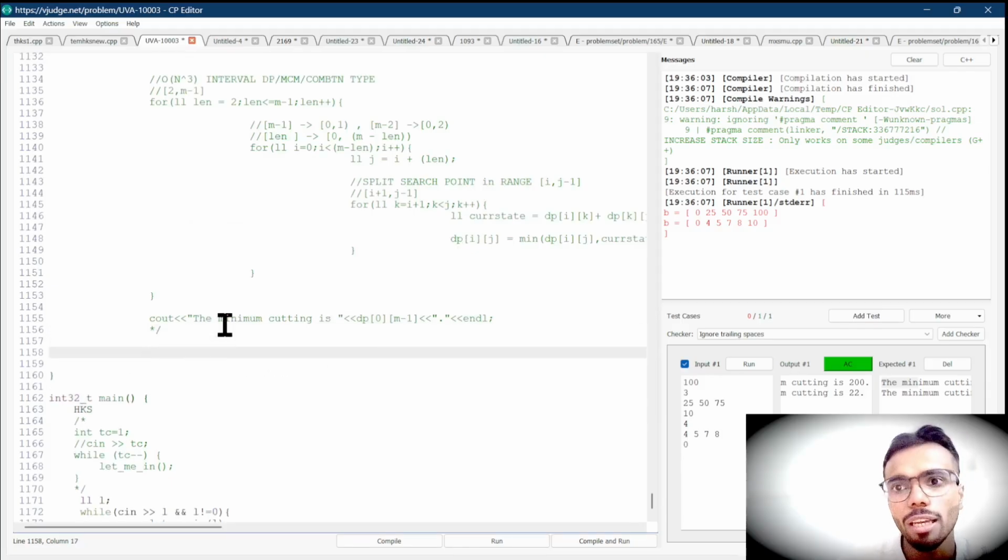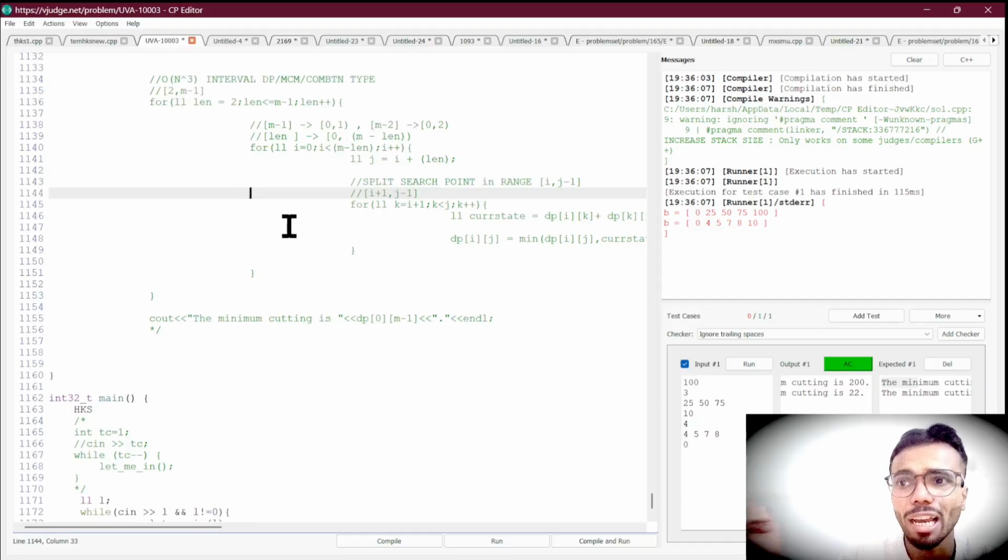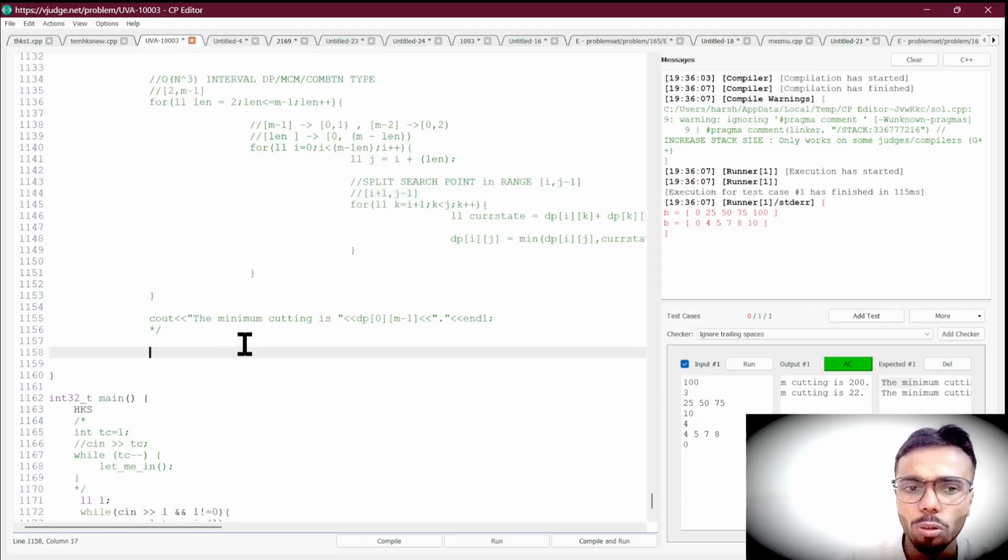Then we come to the last one, that is your Knuth-Yao optimization that will solve this problem in O of n square. The memoization technique will also take O of n cube only, plus the extra stack cost. Yeah, that is fine.